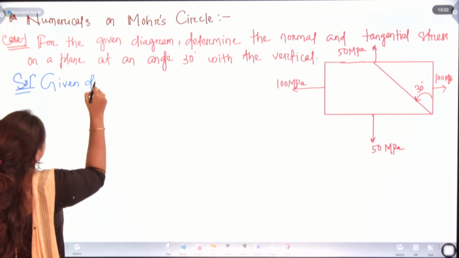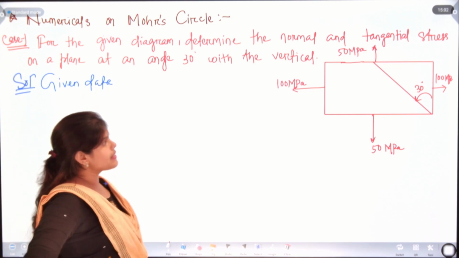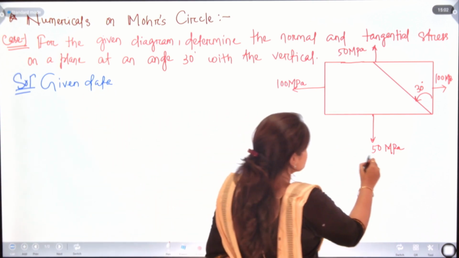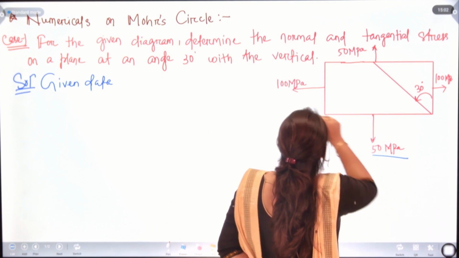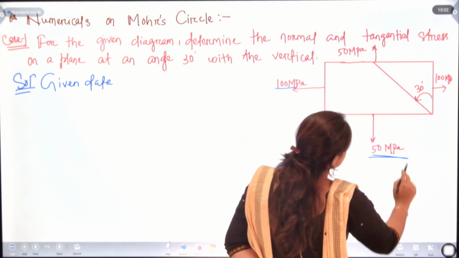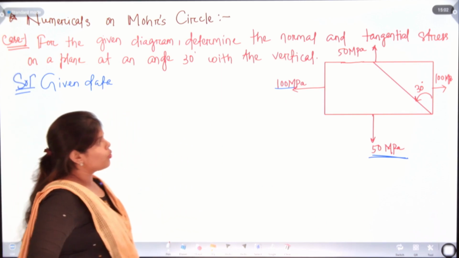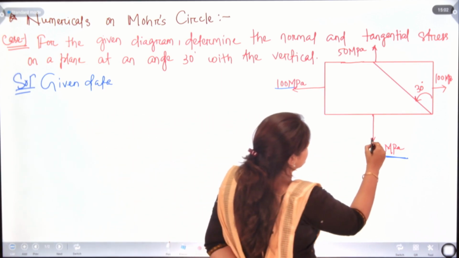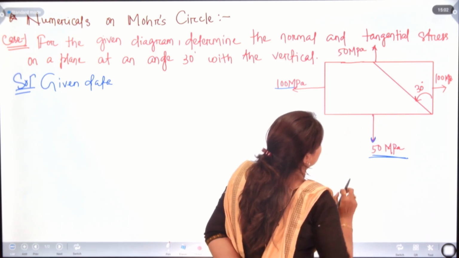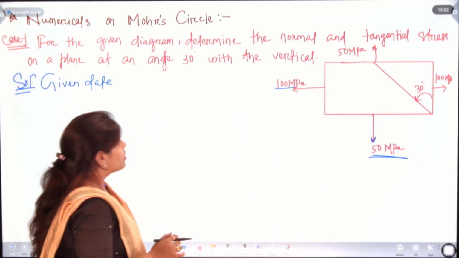Here we have biaxial stresses, like one is maximum stress and another one is minimum stress. So, we can see the whole stresses applying here in tensile direction. Okay.